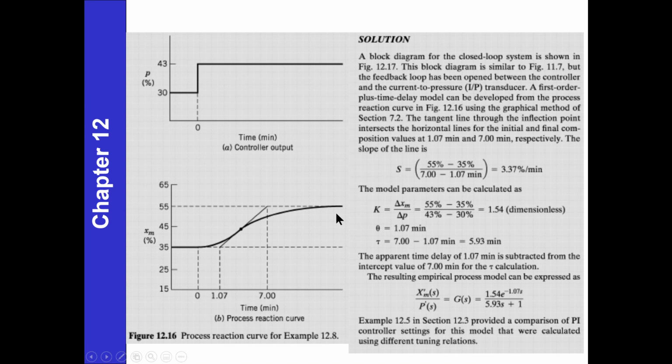From the response, you can draw a tangent. When you draw a tangent, you can determine the value of k, theta, and tau. When you already have this process model, you can refer to table 12.1 or any table that has a tuning relation, and you can calculate the controller setting. Hope you really see the difference. But don't worry so much about this.